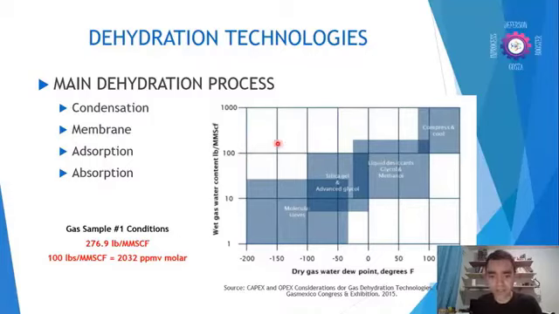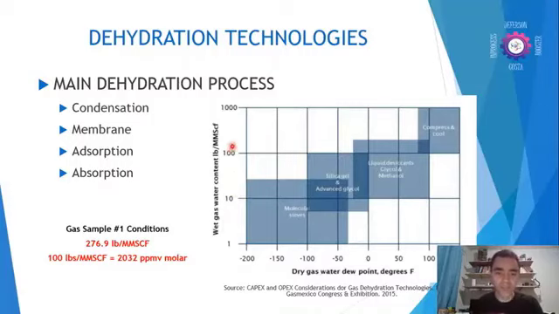And in terms of dew point, what I need is near minus 40 degrees Fahrenheit. So my technology will probably be related either to silica gel or to advanced glycol. And we'll see what those are.